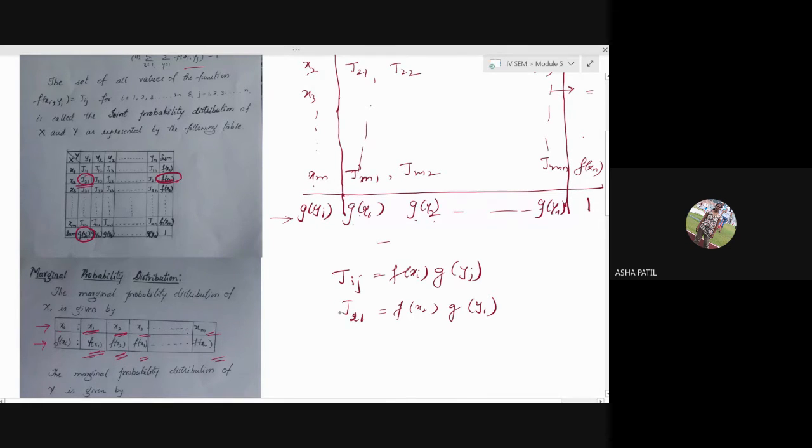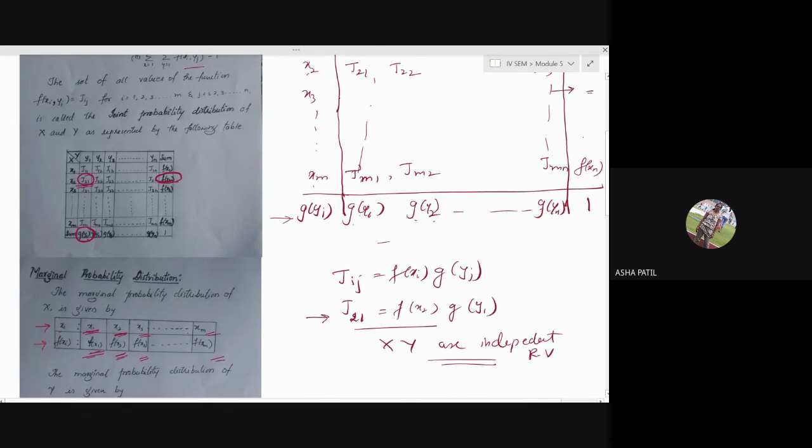Suppose it is given x and y are independent random variables, then this property will be holding. Both sides we can say this: if this property holds, then x and y are independent random variables, and if x and y are independent random variables, this property will be holding.